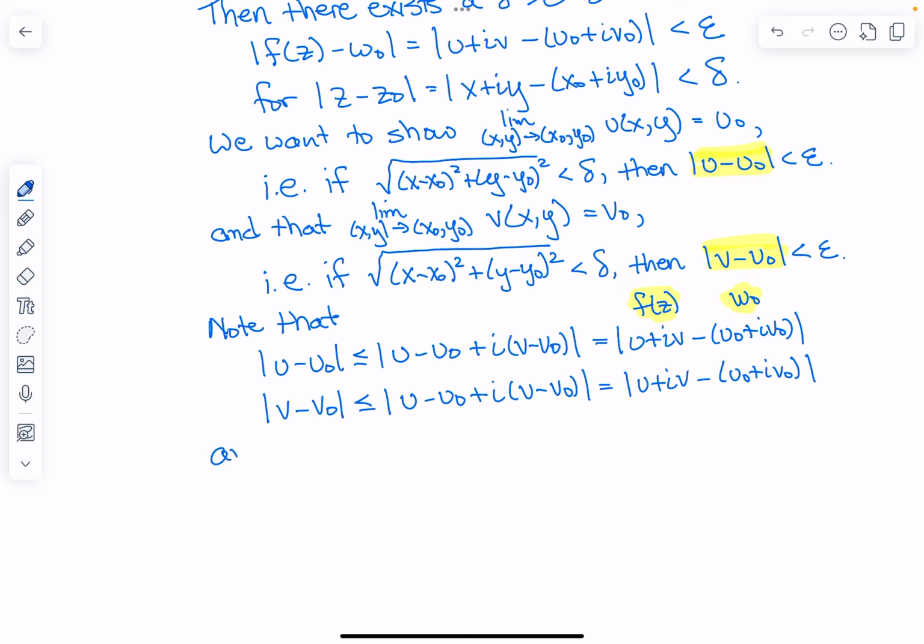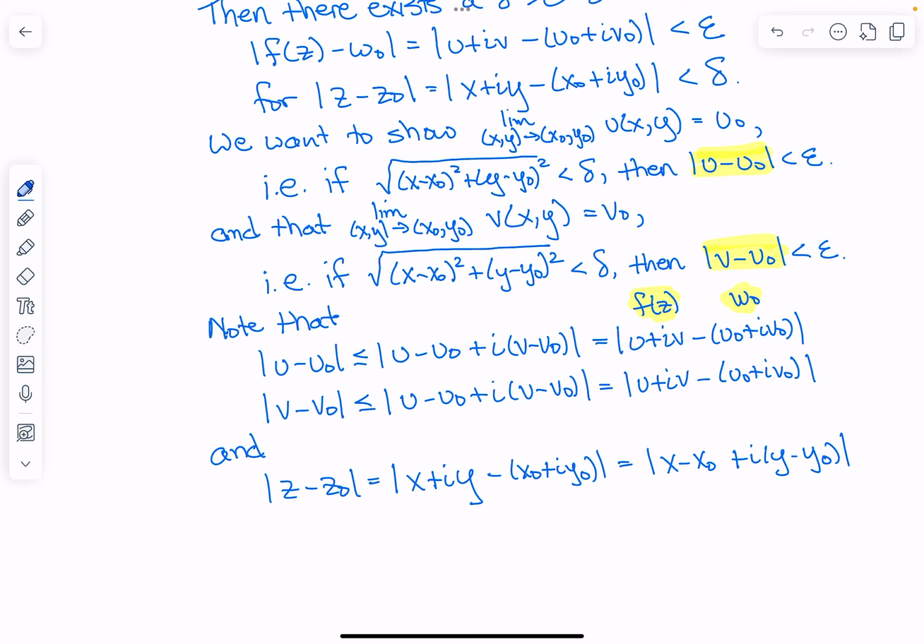I also want to note that the distance between z and z0, which is a complex modulus or length, can be written as x plus iy minus x0 plus iy0. But that can just be written as x minus x0 plus i times y minus y0.